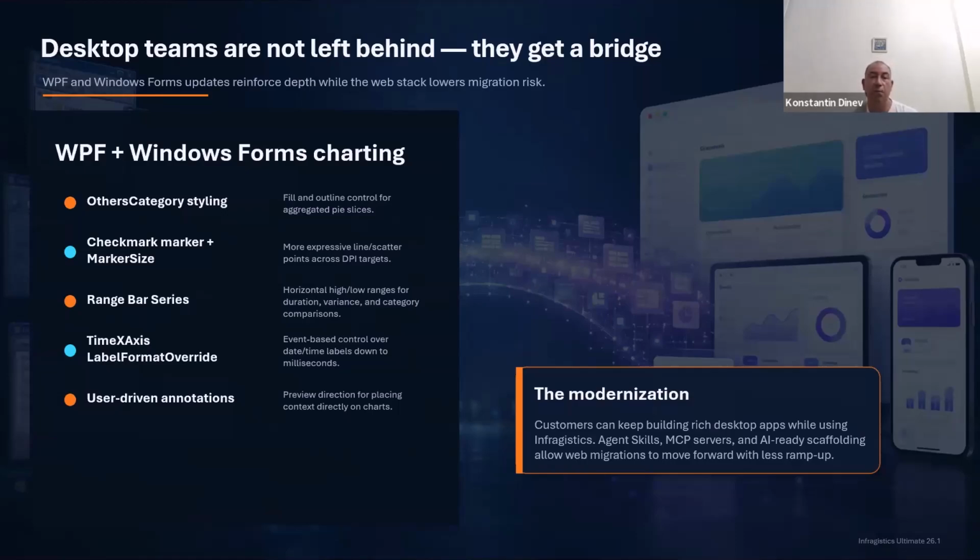So the desktop products, especially WPF and Windows Forms, keep getting consistent updates. Charting gets updated a lot in all of those. But not only that, we do release minor features or enhancements, or not so minor in some cases, across most of the components or all of the components that are shipped with those products.